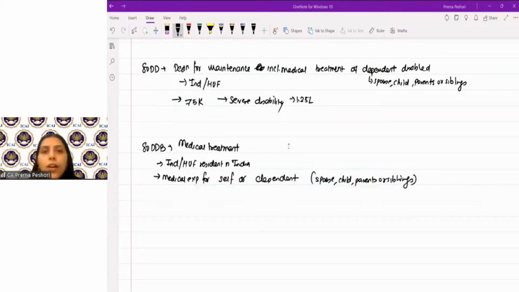Now, what is the qualifying amount? The amount paid for the medical treatment of the specified diseases, which is 40K, or 1 lakh for a senior citizen. The definition of senior citizen remains the same, 60 years or more, and who is a resident individual.